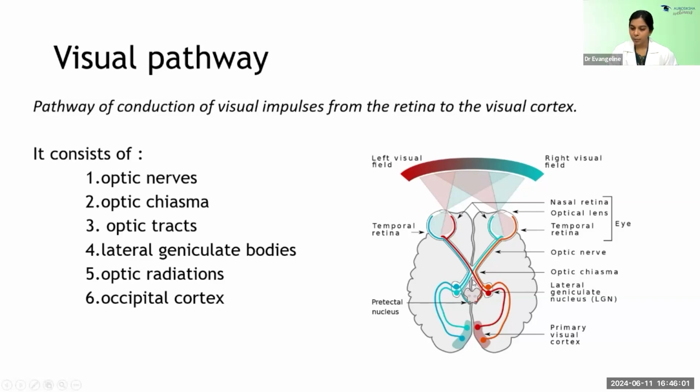Then we have a pair of optic tracts, ganglion cell, lateral geniculate bodies, optic radiations, and the occipital cortex. So there are 6 components of the visual pathway: the optic nerves, optic chiasma, optic tracts, lateral geniculate bodies, optic radiation, and occipital cortex.